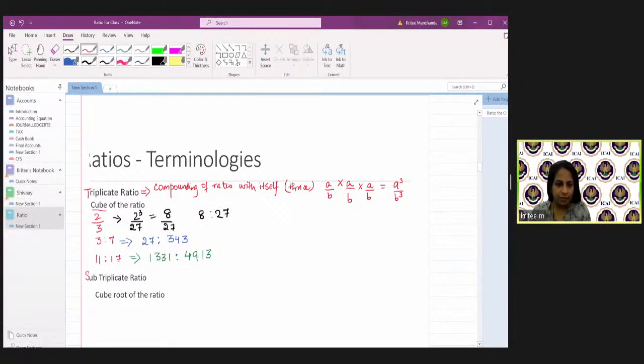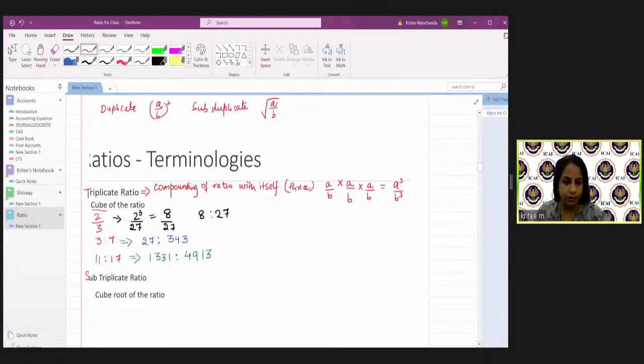Next part is subtriplicate. Just like subduplicate, we have a subtriplicate also. Duplicate meant square of the ratio. Subduplicate meant square root of the ratio.